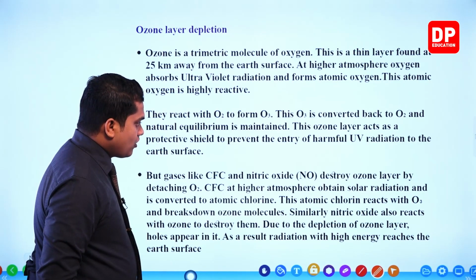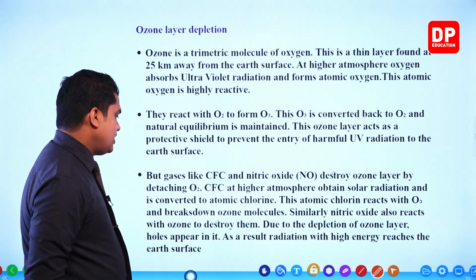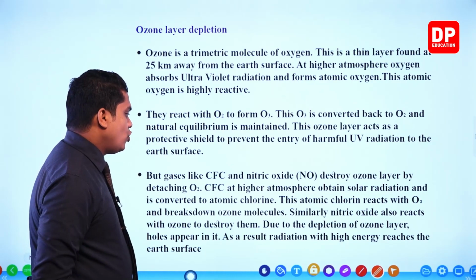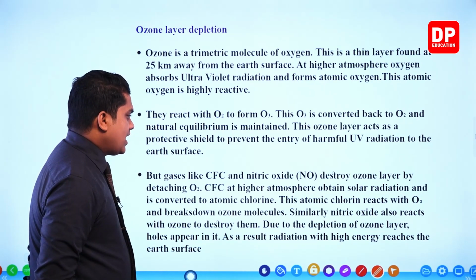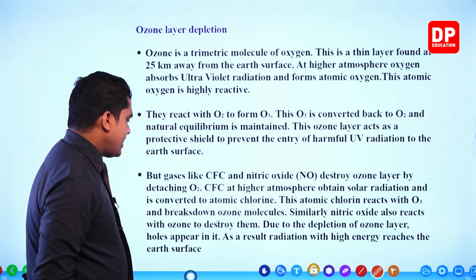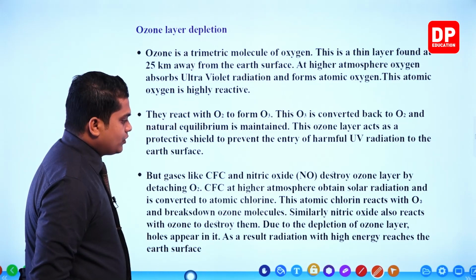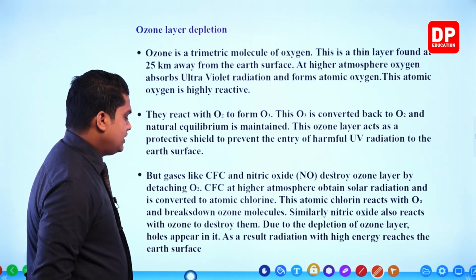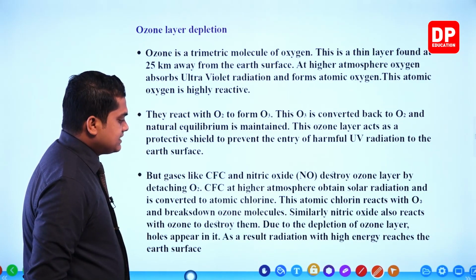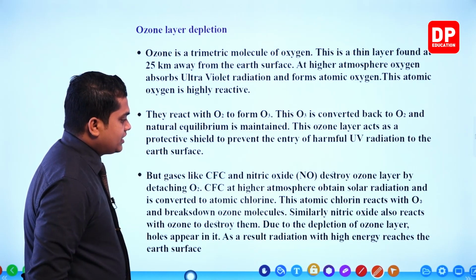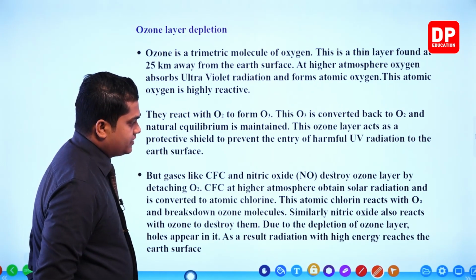This atomic chlorine reacts with ozone and breaks down ozone molecules. Similarly, nitric oxide also reacts with ozone to destroy them. Due to the depletion of ozone layer, holes appear in it. As a result, radiation with high energy reaches the Earth's surface.